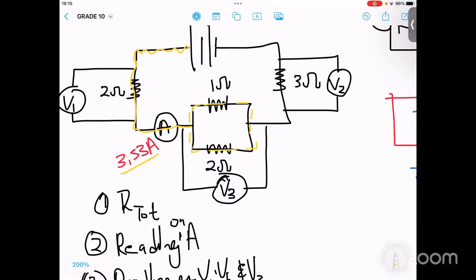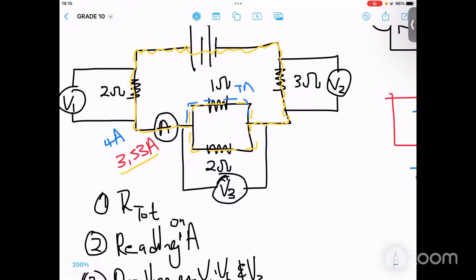And then when it gets there, it joins again and moves as 3.53. So that is the difference, or this is what happens when it comes to series and parallel. For example, let's say that current was 4 amperes. So when it gets to the parallel, maybe 3 amperes will go through that side.